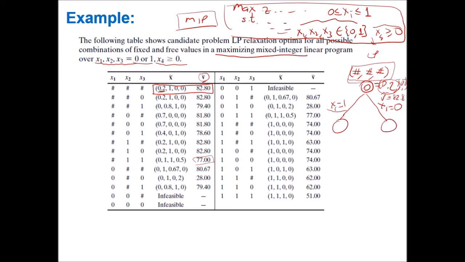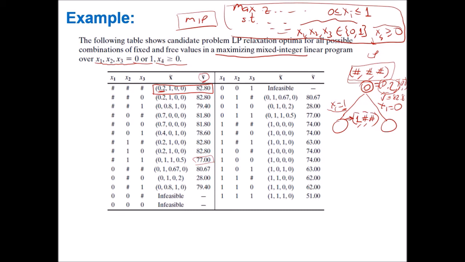And what is the problem in this node? We haven't fixed any of the decision variables except x1. x1's value is fixed to 1. The value of x2 is free. The value of x3 is free. So in this node, I am going to solve this problem 1, free, free. And how to find that solution?